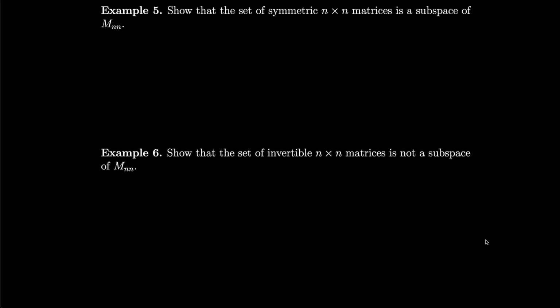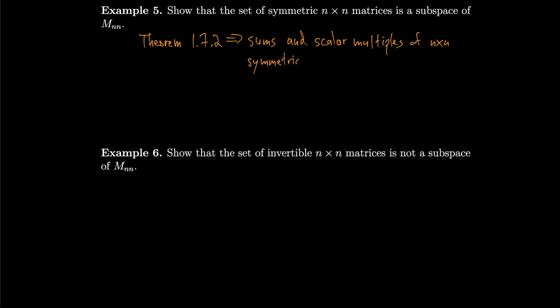So you might remember that we did theorem 1.7.2, which told us that sums and scalar multiples of n by n symmetric matrices are symmetric.